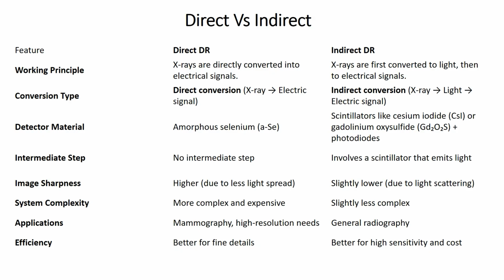In terms of conversion type, in the direct DR system, direct conversion is there. In indirect DR, you will find an indirect conversion. The detector material used in the direct DR system is amorphous selenium, while in the indirect DR system it is a scintillator like cesium iodide, gadolinium oxysulfide, or photodiodes.